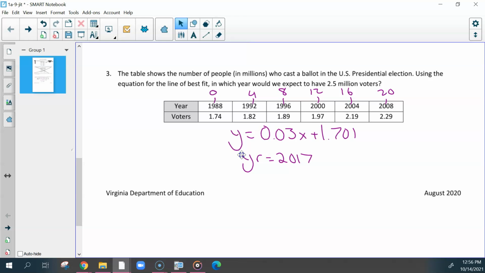If you do not have those notes out, grab them. There's one last thing we need to talk about for linear regression.